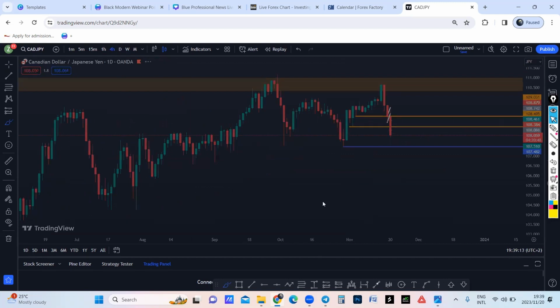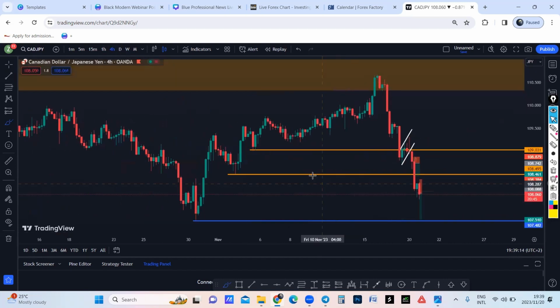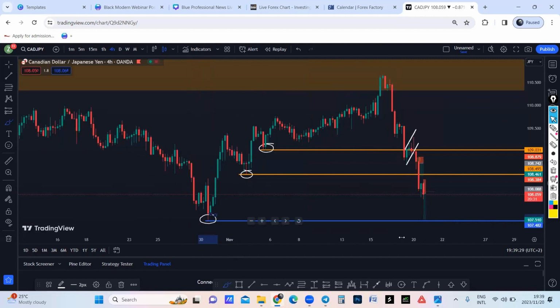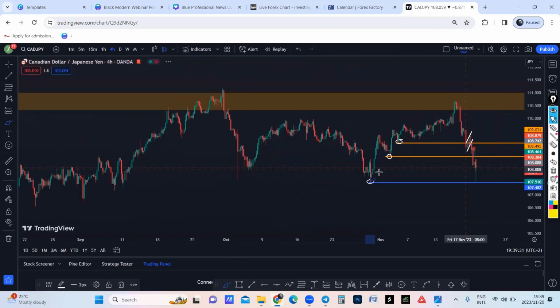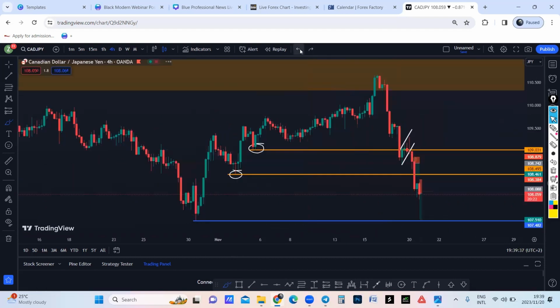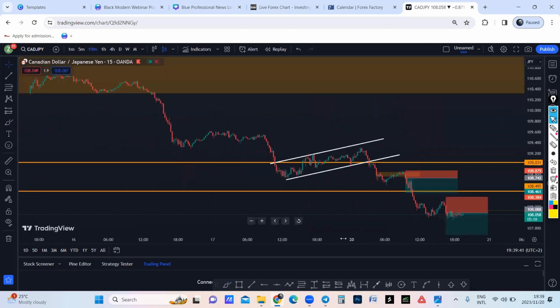H4: the market broke this previous low, and I was aiming for this one during the London session trade. But now I'm aiming also for this one because the market can easily go down and take this low out.